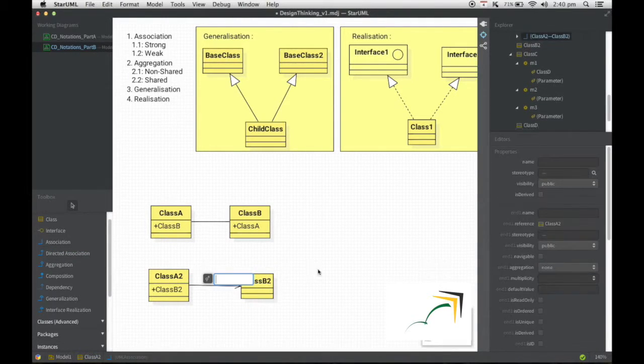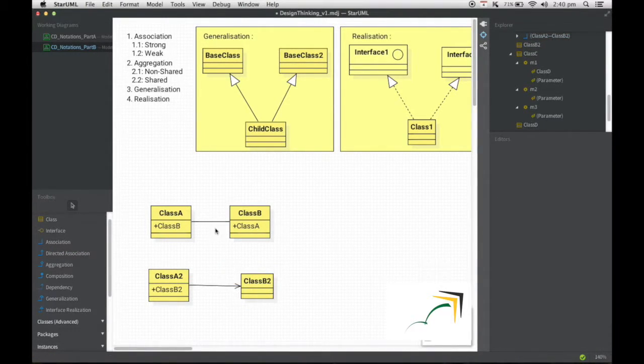Now note the presence or absence of the arrow. In the first case, which is a bidirectional association, there are no arrows. It's basically trying to say both the classes are related to each other. Whereas in the second case, depending on the direction of the arrow you place, you are basically saying only one class has a reference to the other.